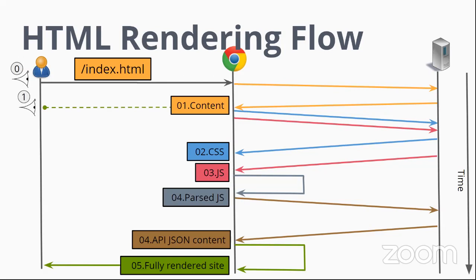But in between, from the initiation of the request for the index.html up to the point where it gets fully rendered, the browser doesn't stay idle. What it tries to do is, with the little content that it already has at certain stages, it starts to display certain content on the screen for the user to see.